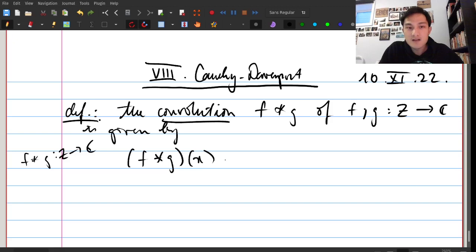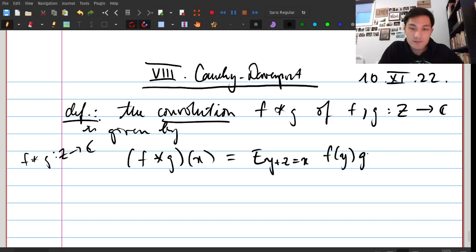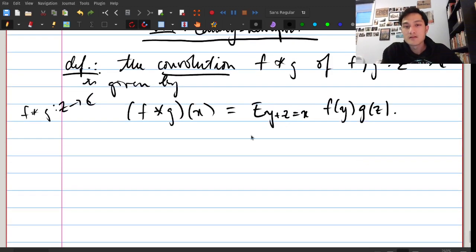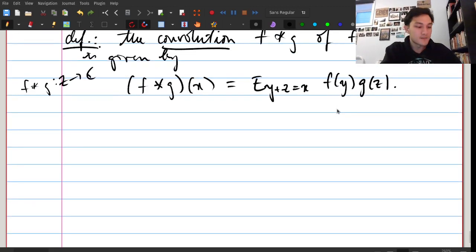For some x in Z, it's equal to the expectation over all y plus z equals x of f of y, g of z. So it's a sum over all pairs y and z that sum up to x, and then you apply f to y and g to z, and you sum them all.